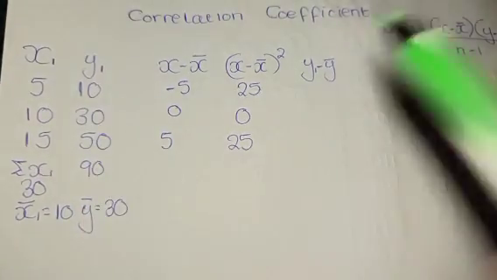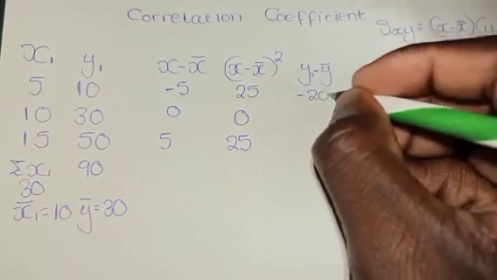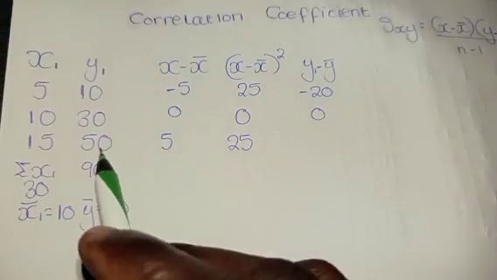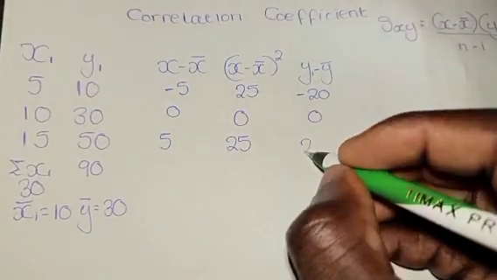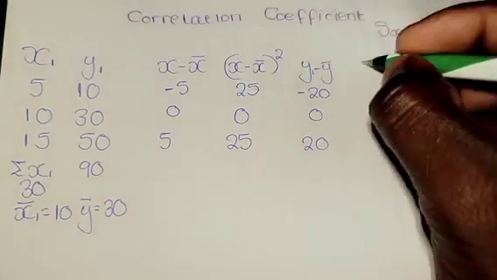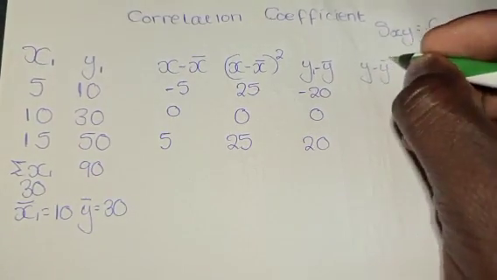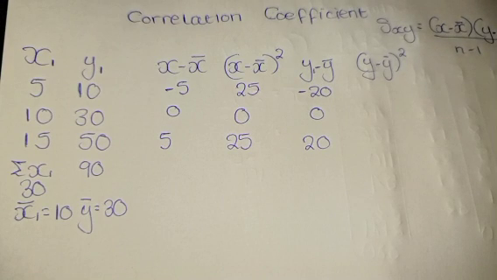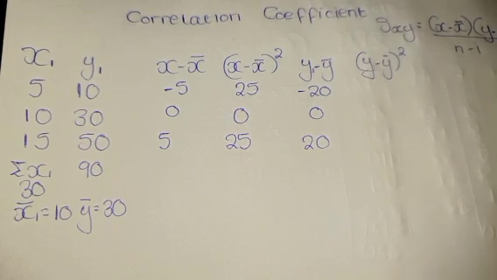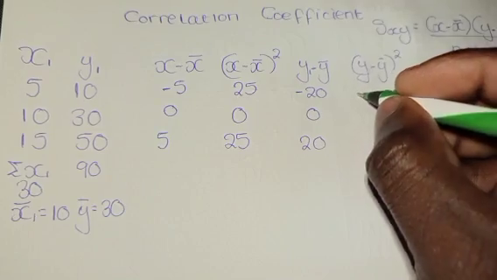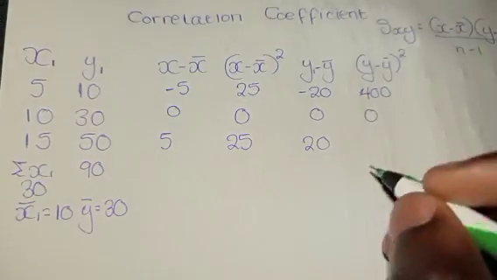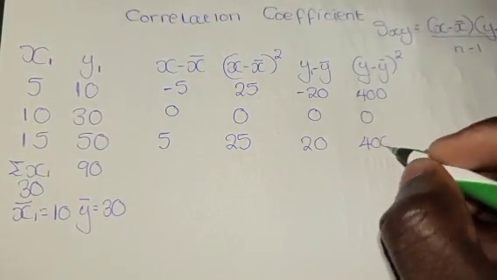So we have 10 minus 30, which is negative 20, 30 minus 30, which is 0, and 50 minus 30, which is 20. We do the same here where we square it, because we are using the same data to calculate the Pearson product moment correlation coefficient. The square of negative 20 is 400, the square of 0 is still 0, and the square of 20 is 400.